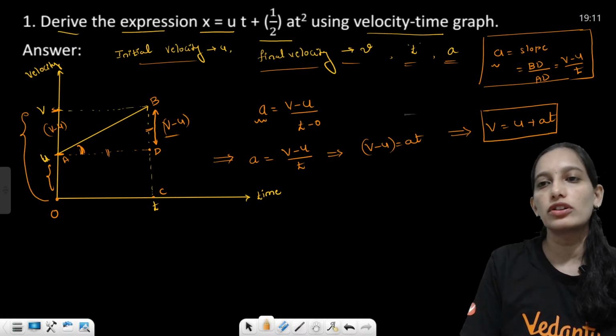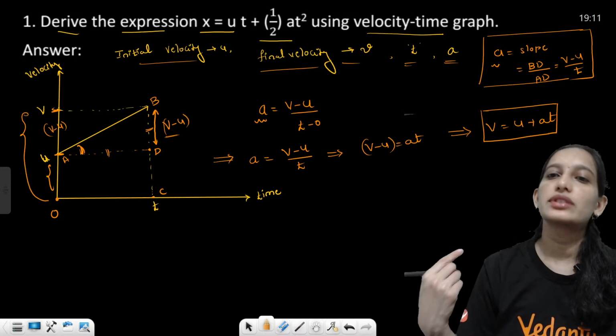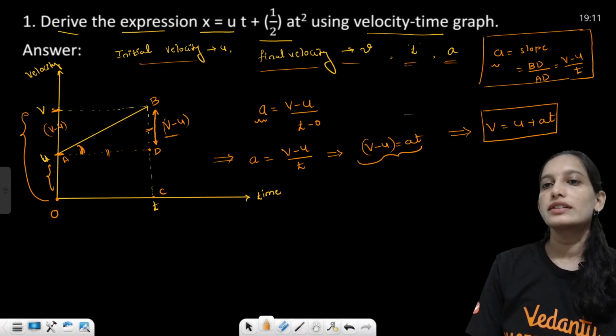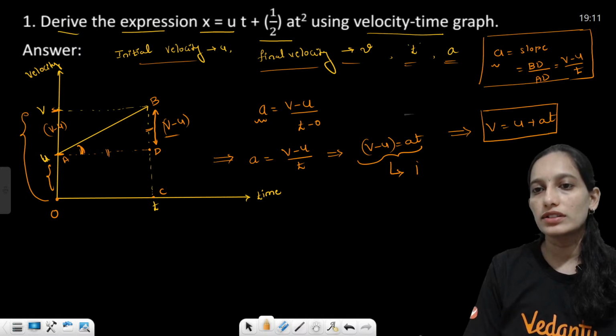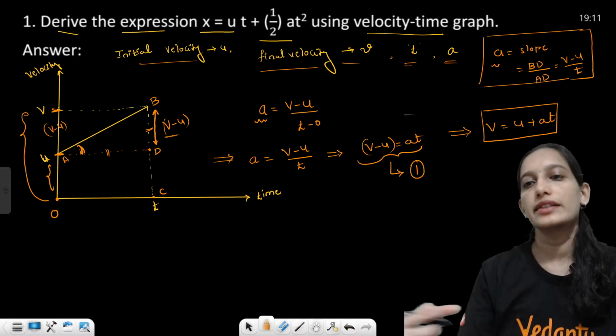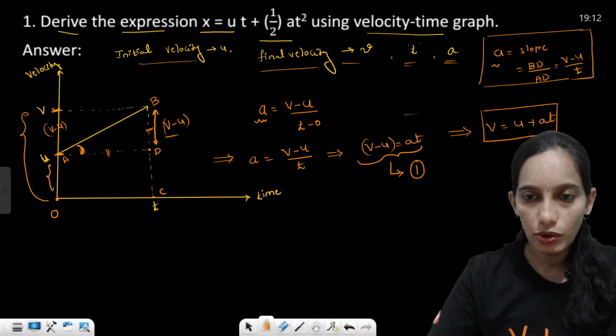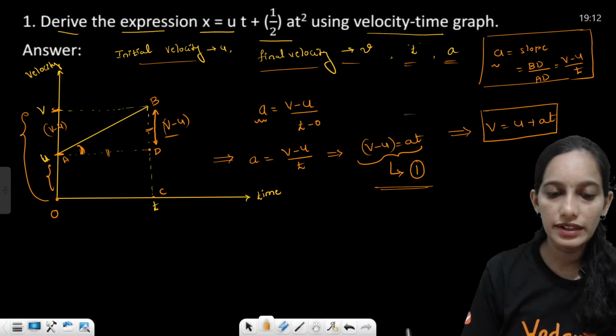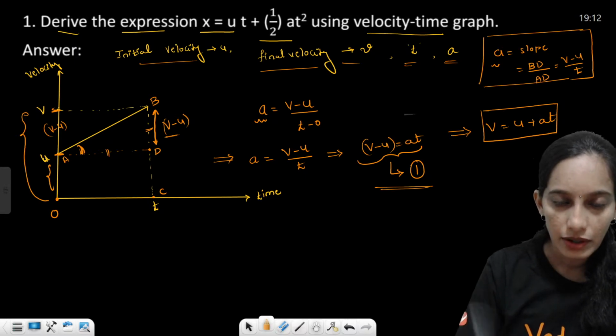Anyway, here they have not asked you to derive this, but we need this equation. This V minus U is equal to A into T, I'll call this equation 1. I will be using this in the upcoming step. Hope it is visible to you if I write here.